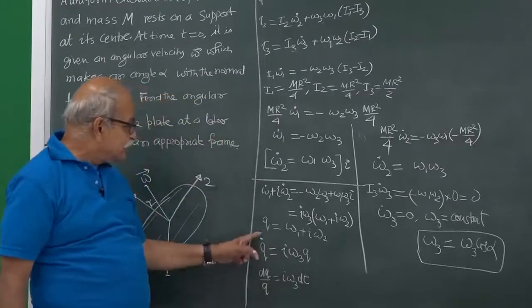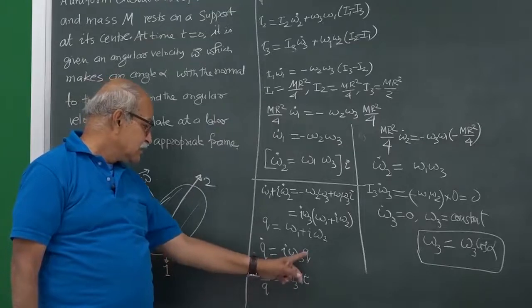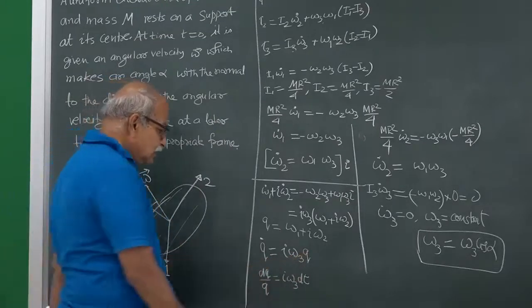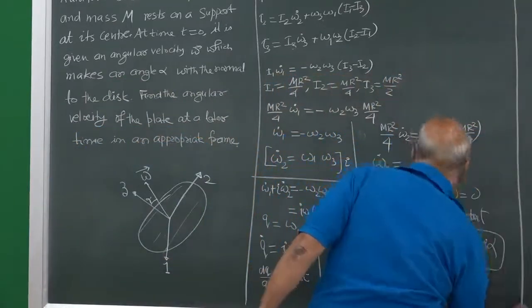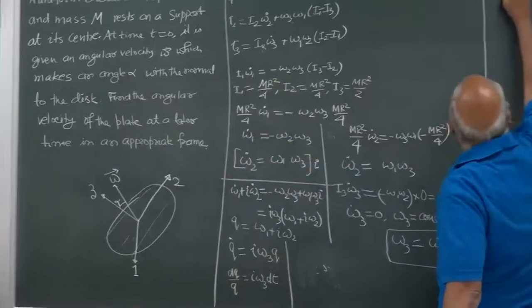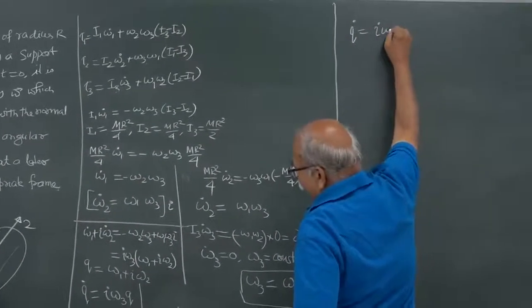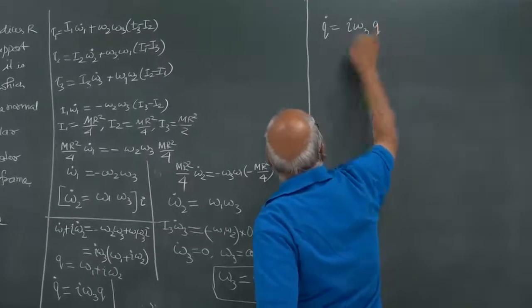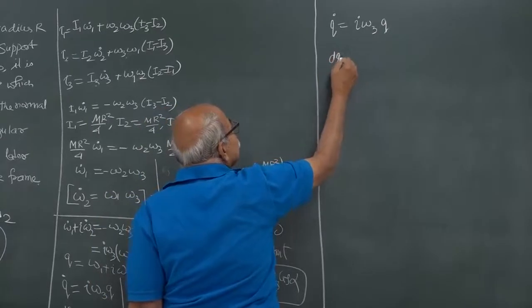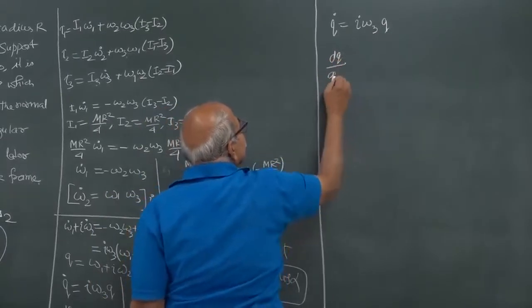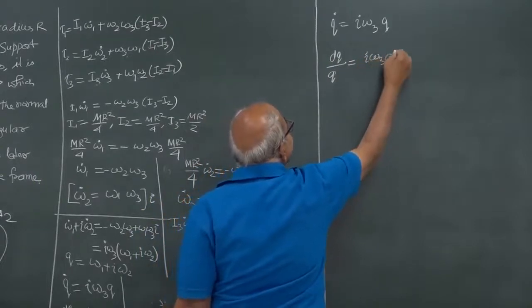Q dot is dq by dt, that dt goes this side, and this q comes here, dq by q. What I have is q dot is equal to i omega 3 q. So, I am integrating dq divided by q is equal to i omega 3 dt.